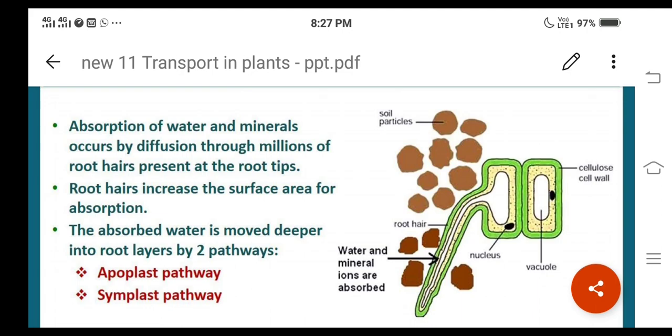Finally, the absorption of water from the roots occurs by two important pathways: the apoplastic pathway and the symplastic pathway. Let us study these two pathways in the next video. Thank you.